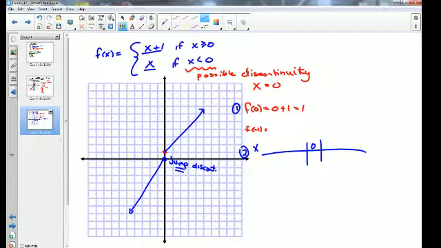So these are x's and y's. If I'm coming from the right side, these are the positive numbers, right? What are some numbers really close to 0? Okay, 0.01 is a good one.